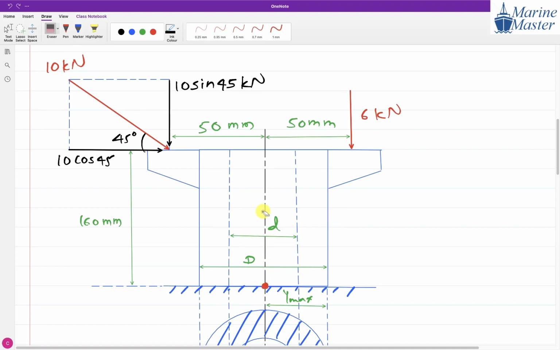Whenever we have eccentric loading or a cantilever scenario, only one end fixed and the other end free, always consider that if you are considering one direction positive, the other direction will become negative. And always try to take a moment.